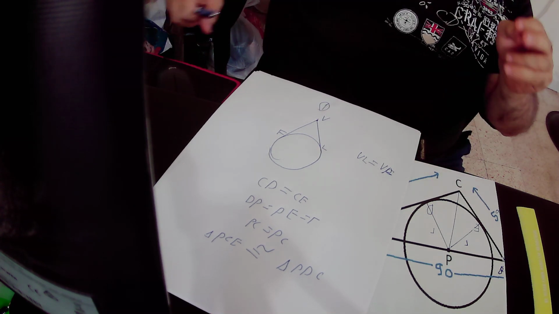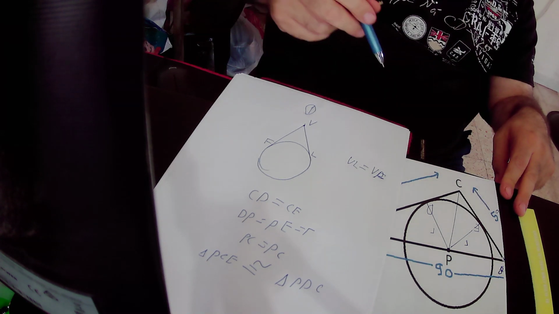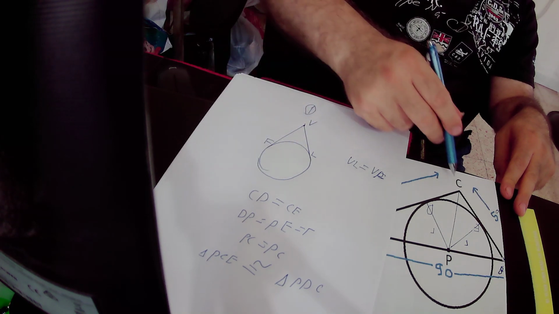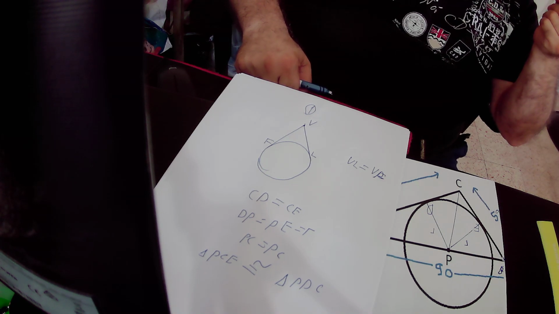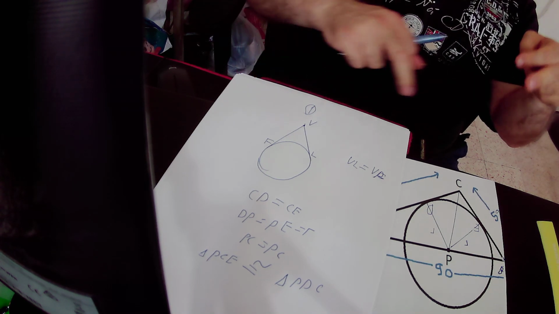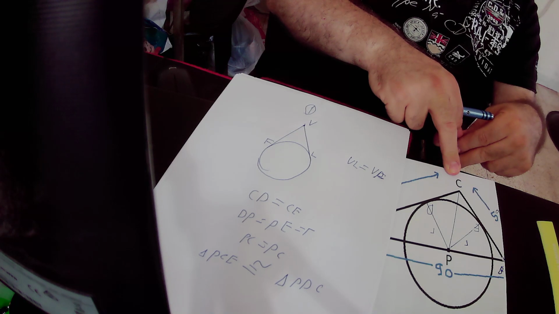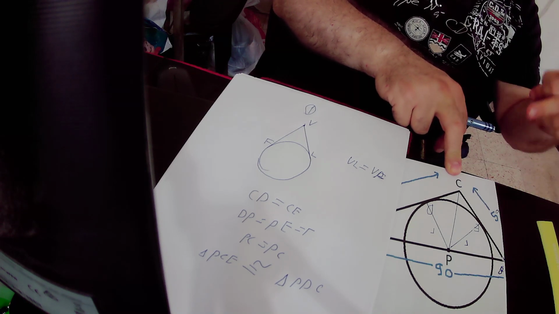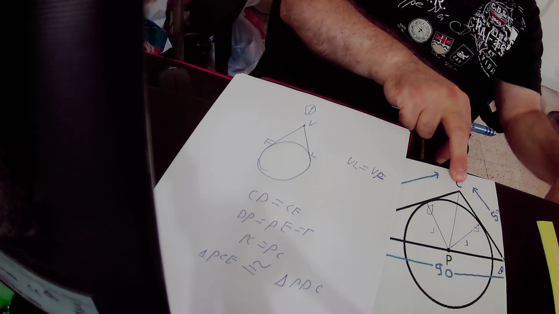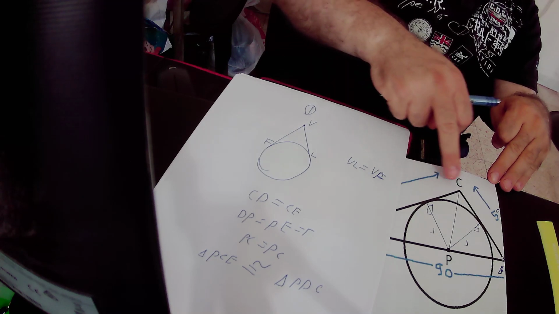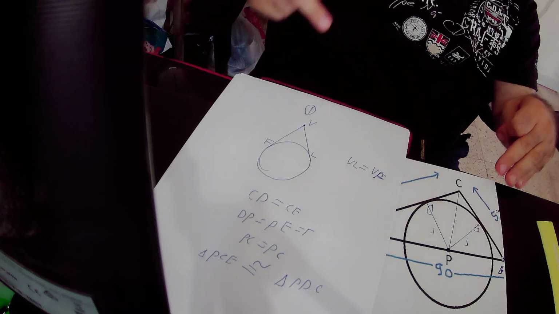So C is an external point of the circle, and from point C we drew two tangents to the circle, tangent CD and tangent CE.